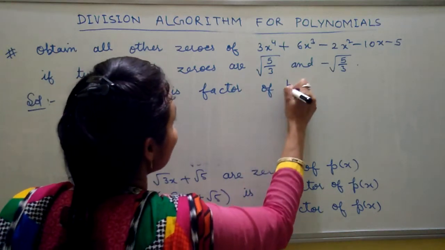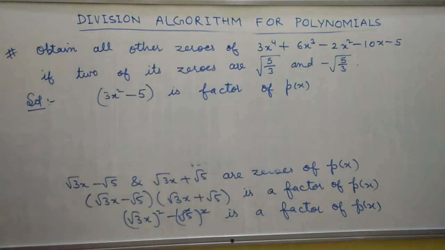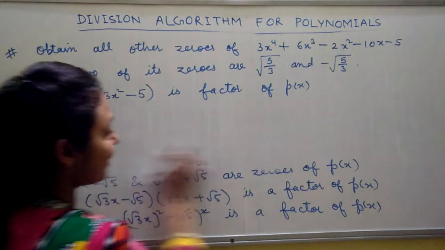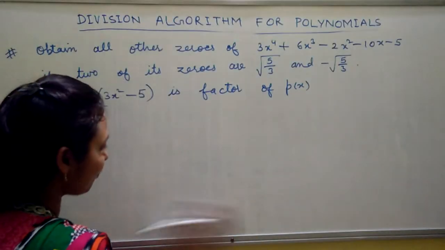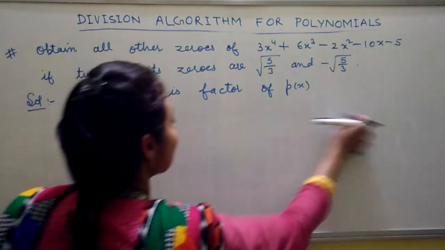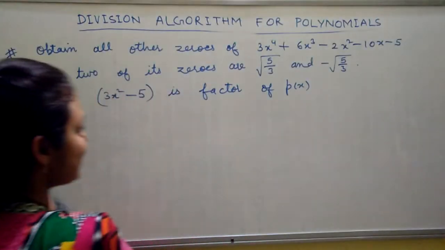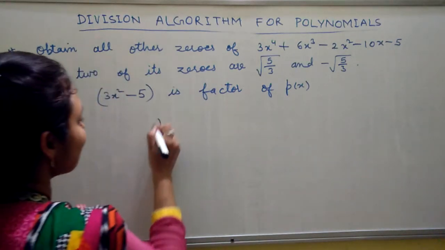Now we have to divide the polynomial by this factor. So let's divide the polynomials, and with the quotient which we get, I will solve for the zeros.